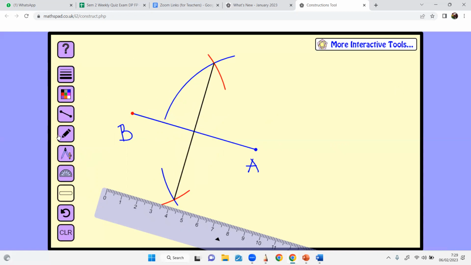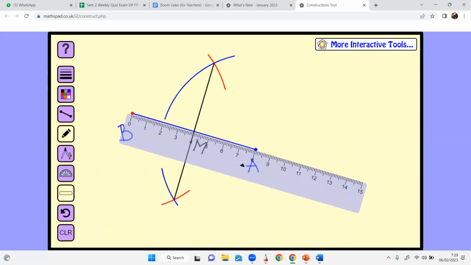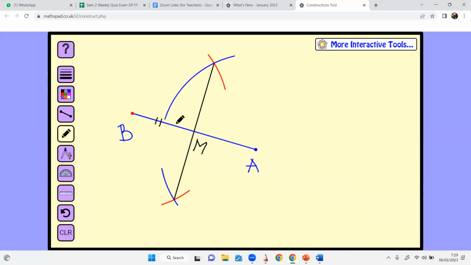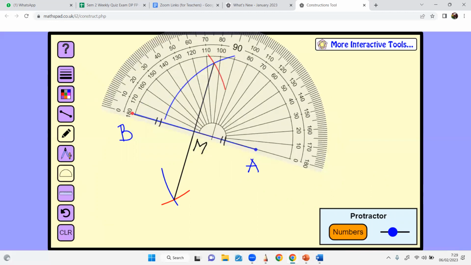So make a letter M, or S, or A, B, C. And you know that this line is 4 cm. See? 4 cm, and then 4 cm also. It cuts the line into 2 equal parts, so you can just write equal, equal. And let's see the protractor. Is it 90 degree?